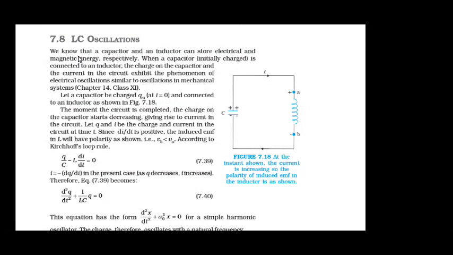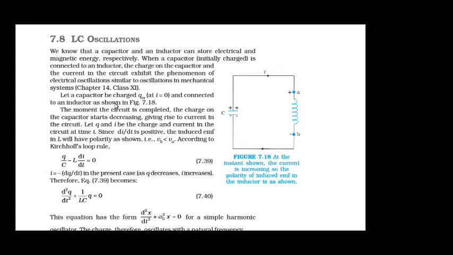7.8 LC oscillator. We know that a capacitor and an inductor can store electrical and magnetic energy respectively. When a capacitor, initially charged, is connected to an inductor, the charge on the capacitor and the current in the circuit exhibit the phenomenon of electrical oscillation, similar to the oscillation in a mechanical system.